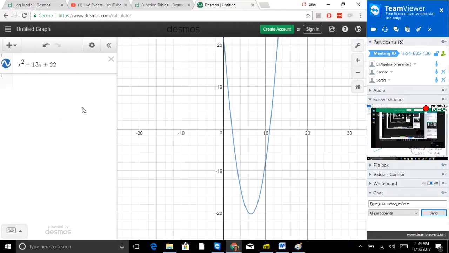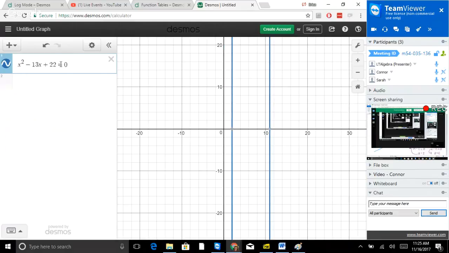it's a quadratic equation. So the graph of a quadratic equation always has to be a parabola, right? And what did we say that we wanted to find out? We wanted to find out when this equals 0. When does this parabola equal 0?